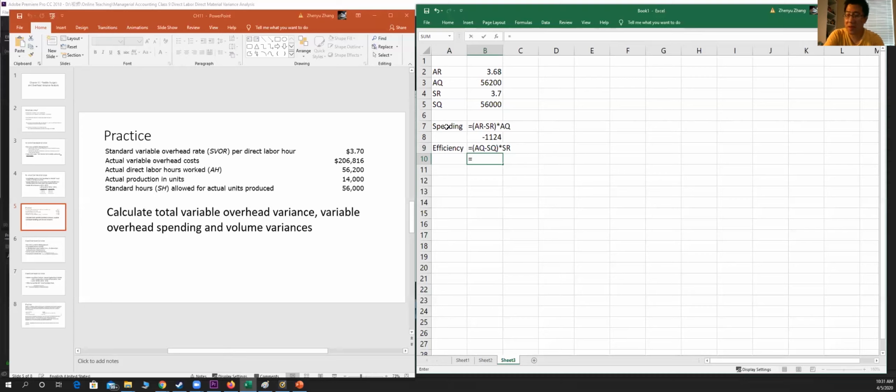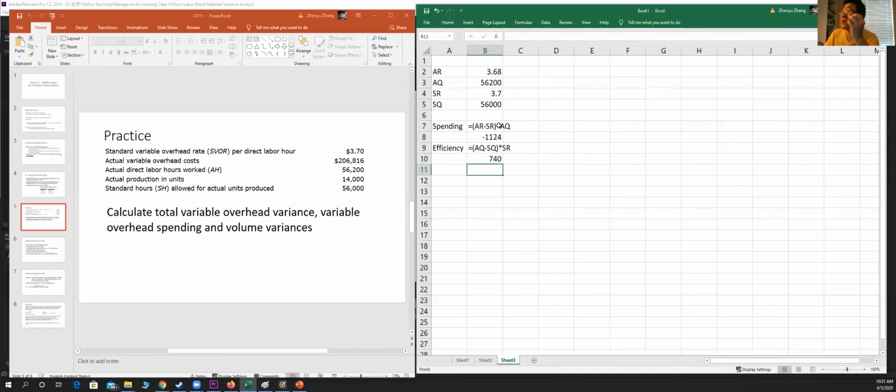Actual quantity is 56,200, and standard quantity is 56,000, and the difference will be multiplied with standard rate, which is $3.70, and it gives us 740 because it's positive. So we know the variance is 740, and it's unfavorable.